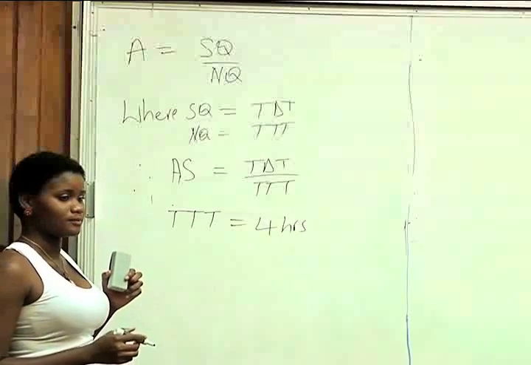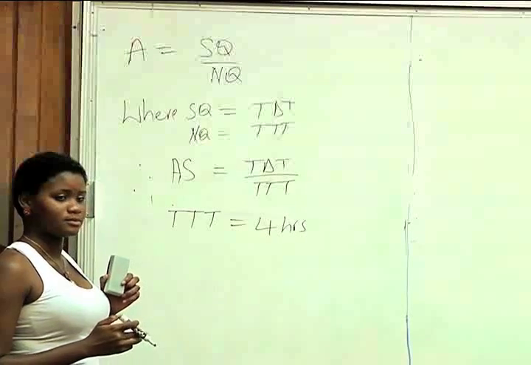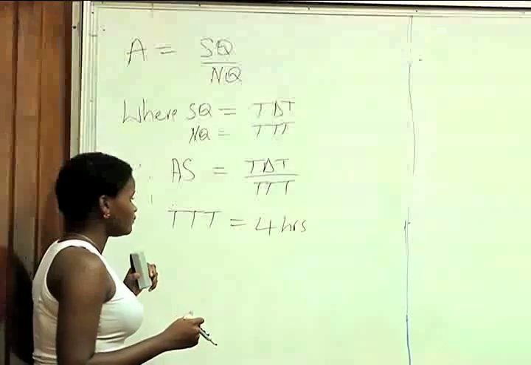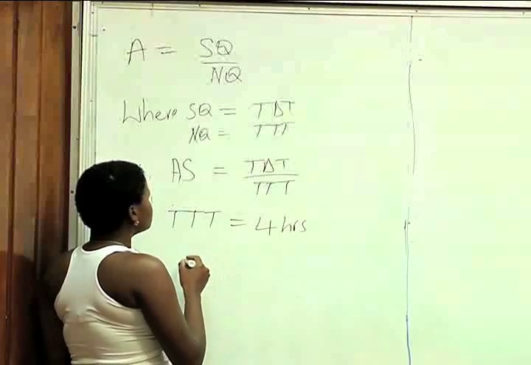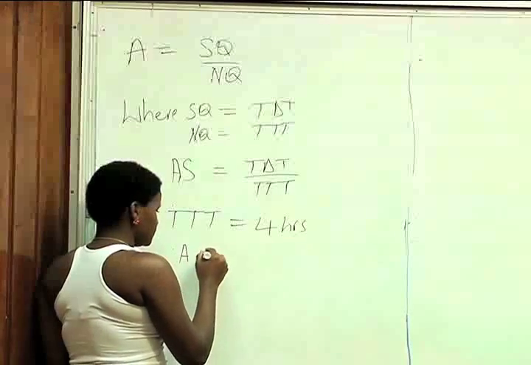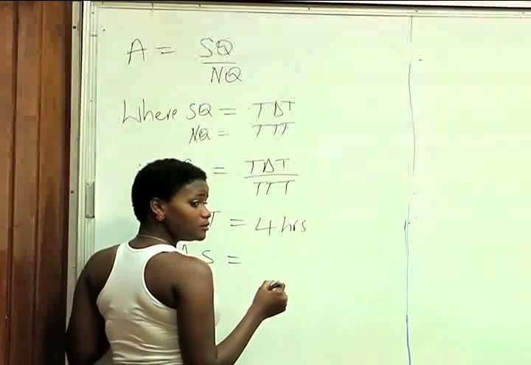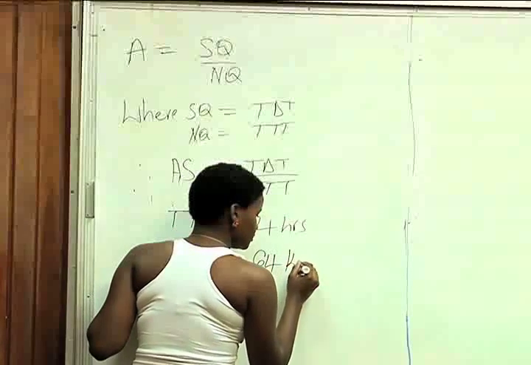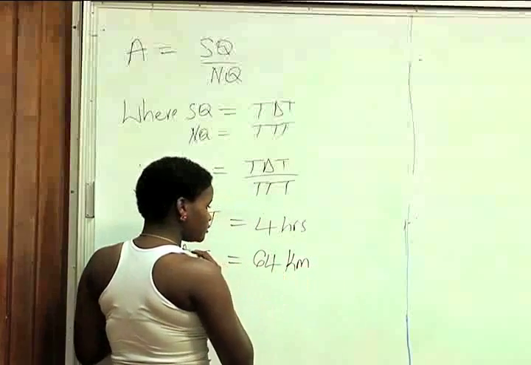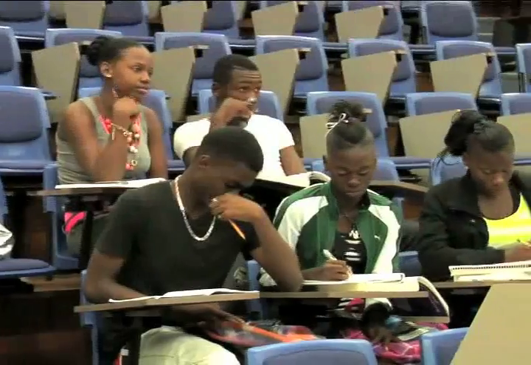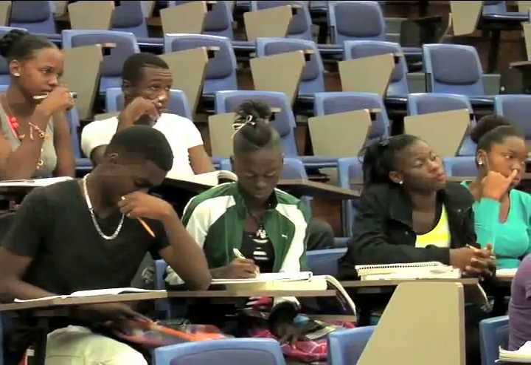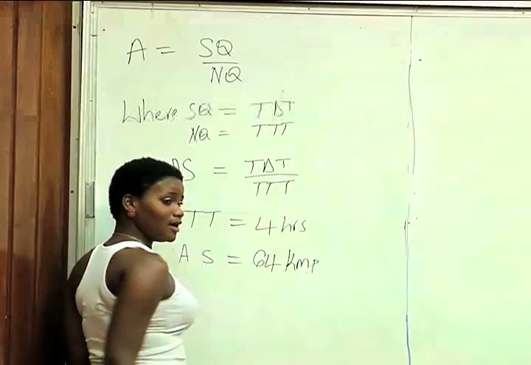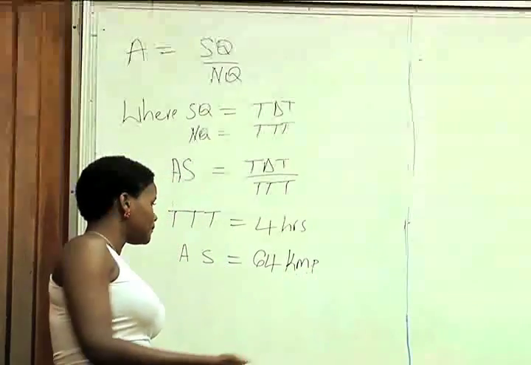And we know what else? An average of 64 kph. So we know AS equals 64. AS always equals kph.